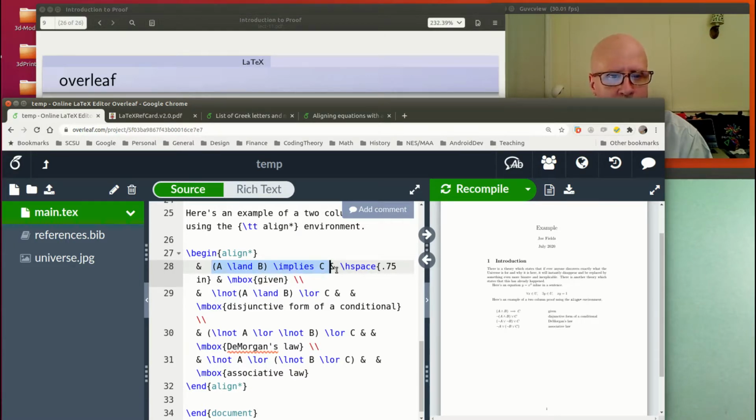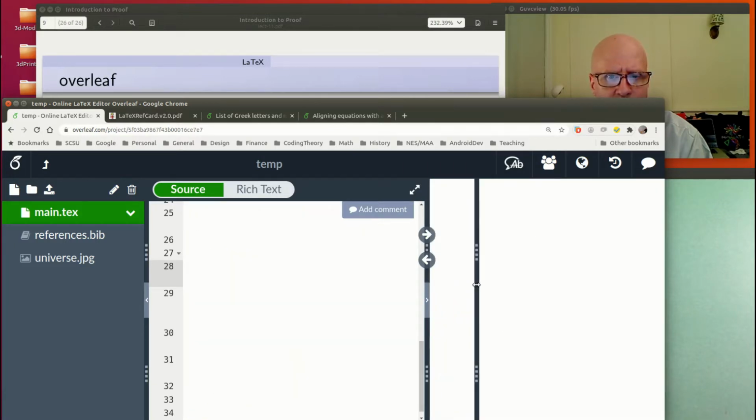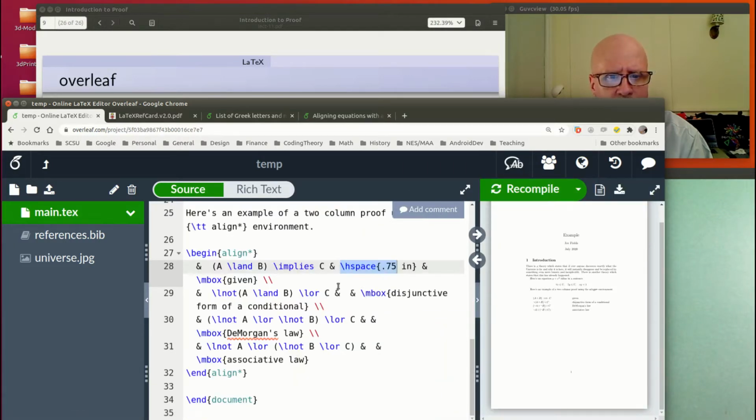Great. And then I have an alignment symbol, and then I put in some horizontal space. H space means that. So, sorry, I should readjust this so it doesn't break the line. H space of 3/4 of an inch, 0.75 inch. I picked something that looked about right to me. Another align symbol, and then the explanation for where that came from.